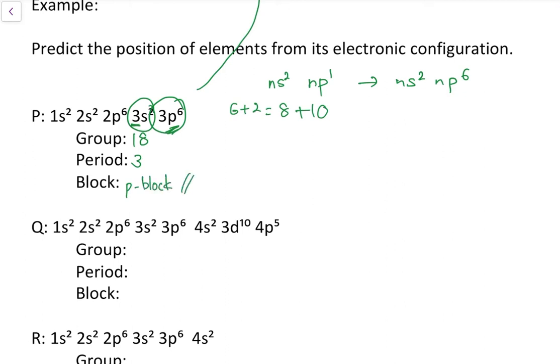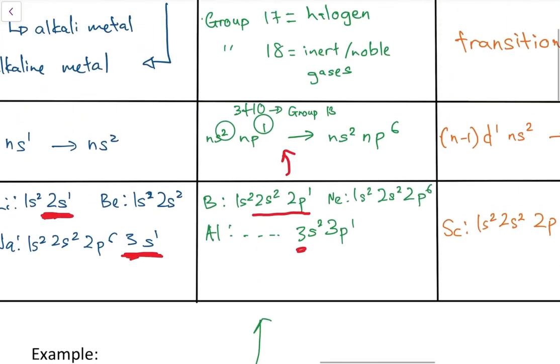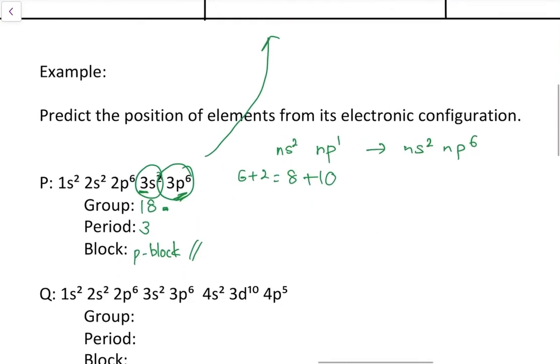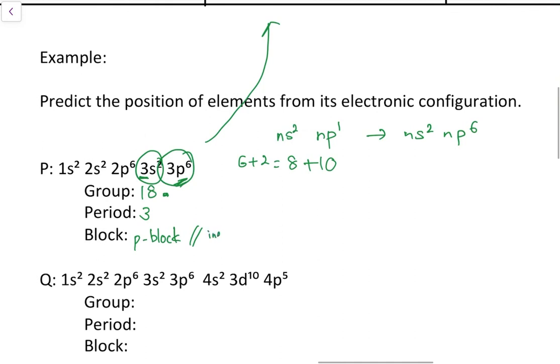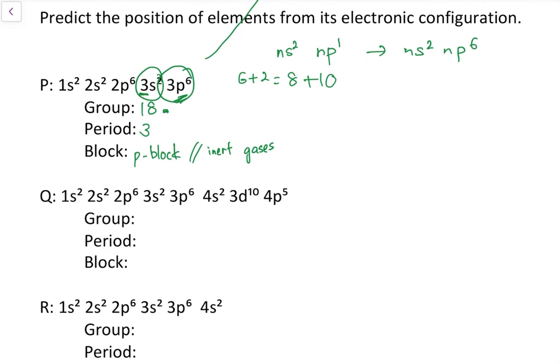And if it's group 18, remember, it's also known as inert gases, or also known as noble gases.